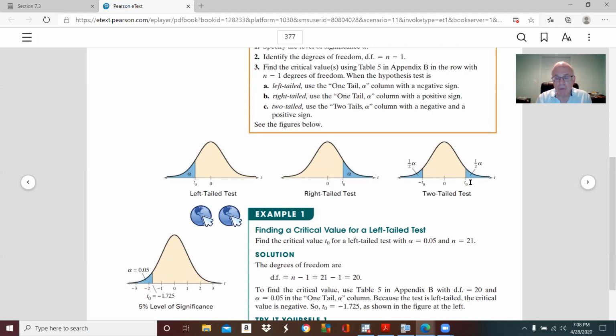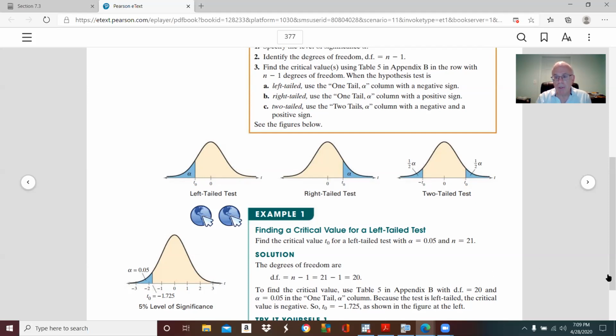For the two-tailed test, to find the two critical values, you split alpha into two equal pieces. Half goes to the right tail, half goes to the left tail, and then you use inverse t to find these two critical values.